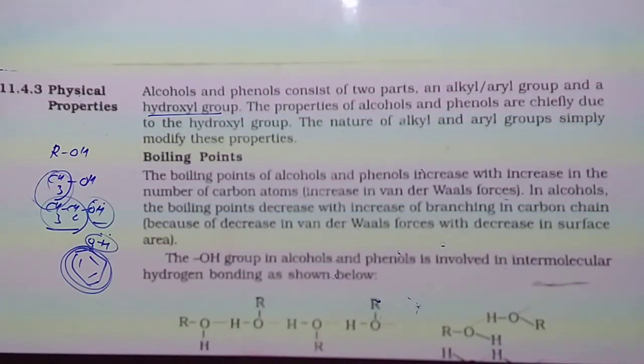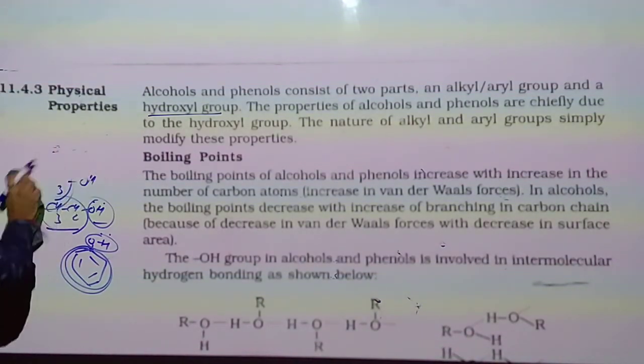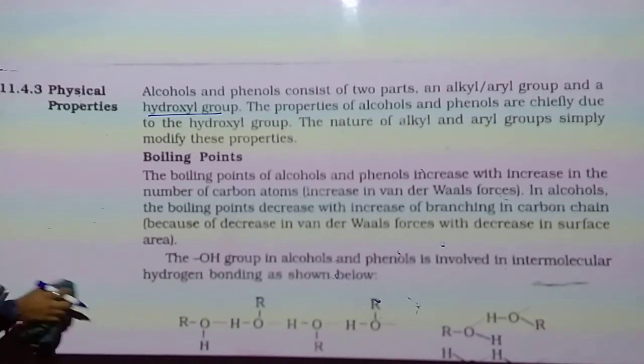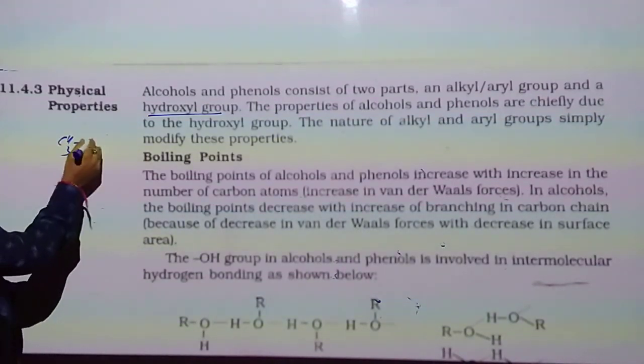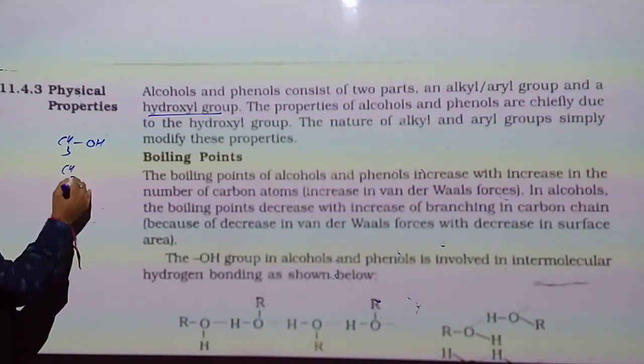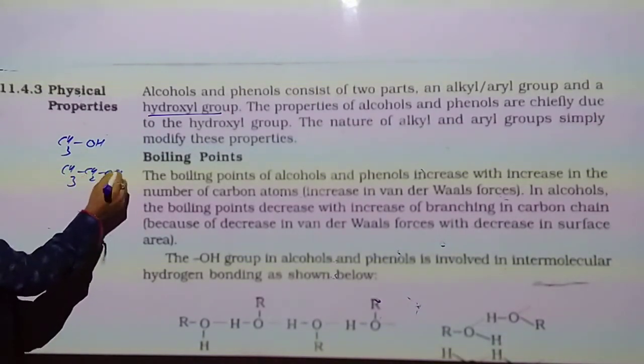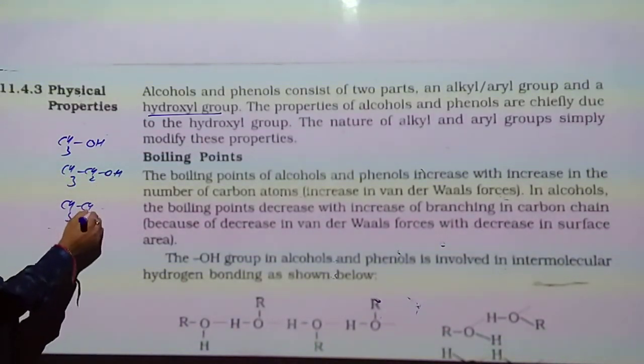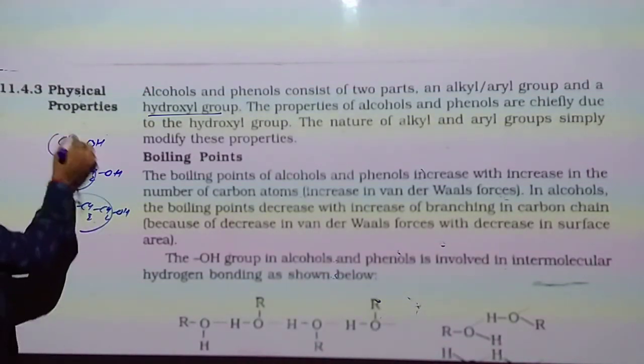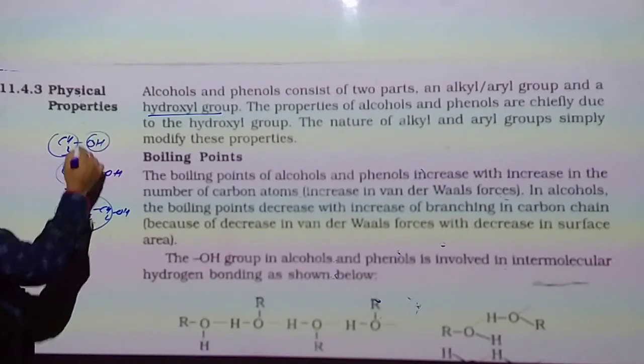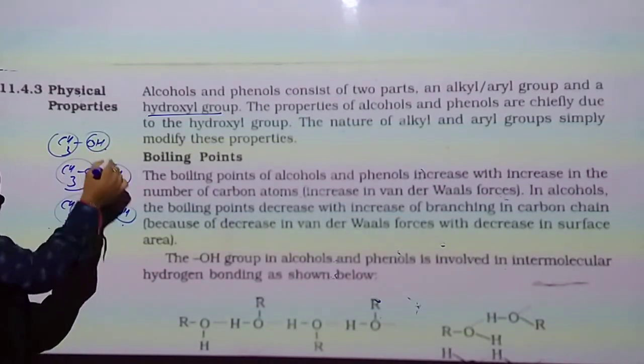So first we are going to discuss the boiling point of alcohols and phenols. In alcohols, we have methanol, ethanol, then propan-1-ol, propan-2-ol with alkyl groups. The alkyl group is non-reactive, the OH group is reactive. The property is due to the OH group.